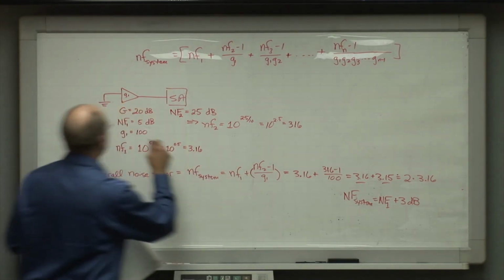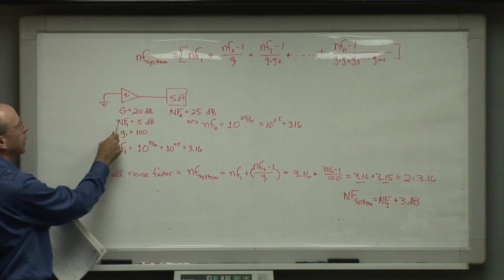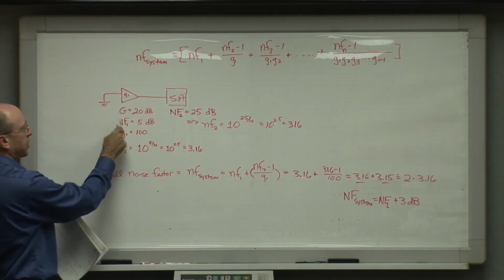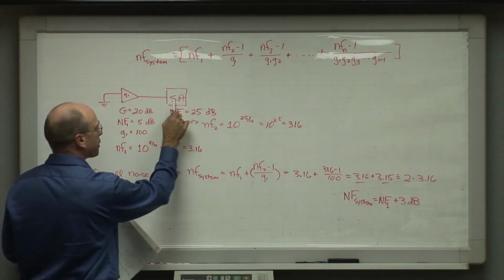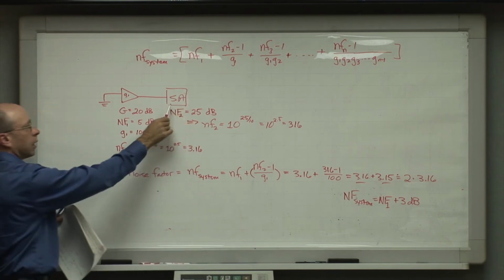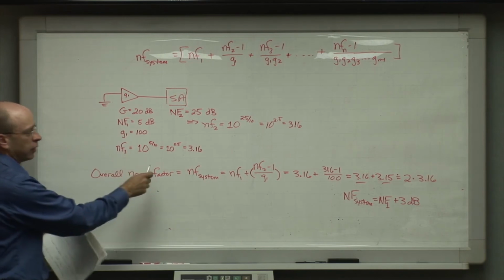What I just did was create a system in which the gain plus the noise figure of the amplifier, the sum of the two in decibels, which is 20 plus 5, equals the noise figure of the second item in the cascade, which is 25. And I'll do the proof here in just a second.